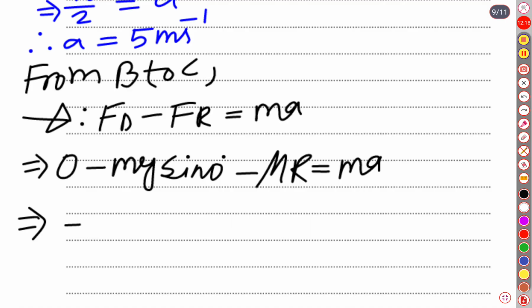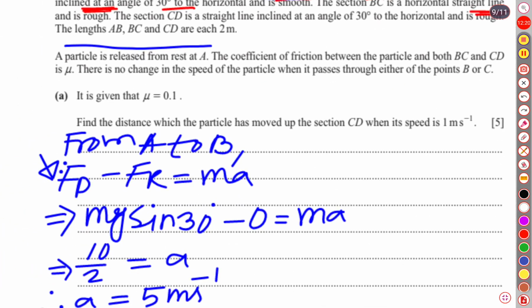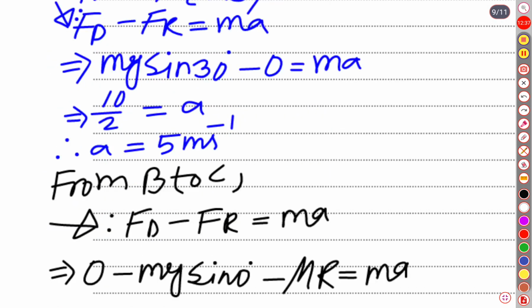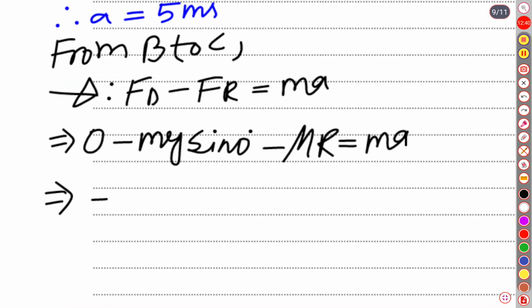Mu is the frictional coefficient, which is given as 0.1, and R from B to C is 10m. So 0.1 times 10m, with m cancelled from both sides, is equal to mass times acceleration.